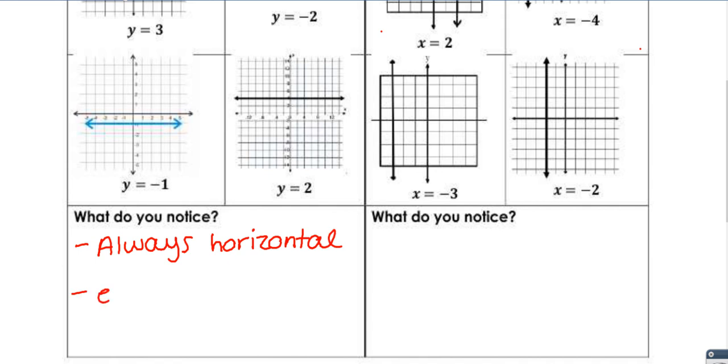And you'll notice that your equations are always y equals a number equations. And that's because it is crossing the y-axis. So if you look at the bottom left equation, it's crossing right here on the y-axis at y equals -1.